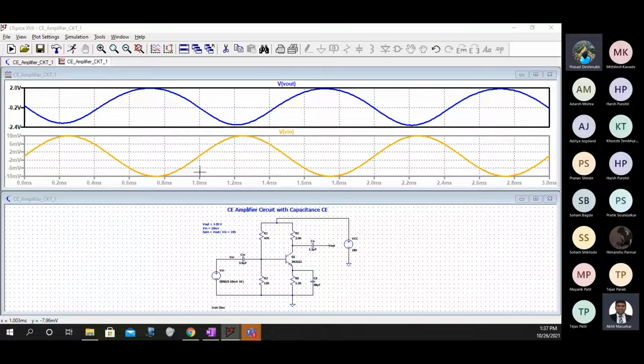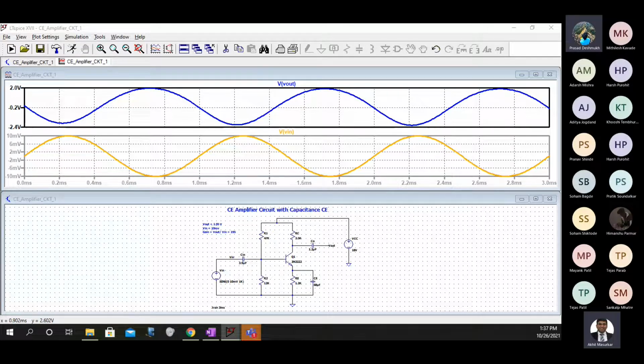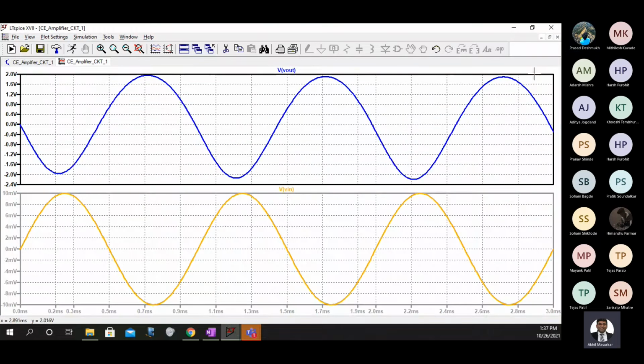Hello, sir. Yes, sir, on the y-axis, what have we taken? Nothing. We only have to take the x-axis. Sir, so how is this graph plotted? There should be something on the y-axis, no?